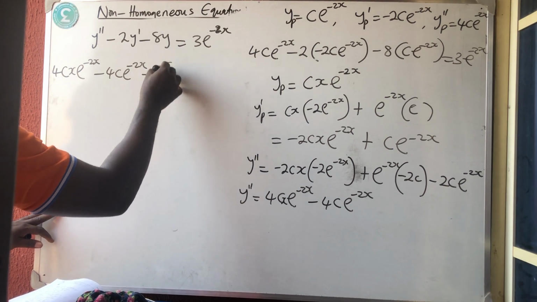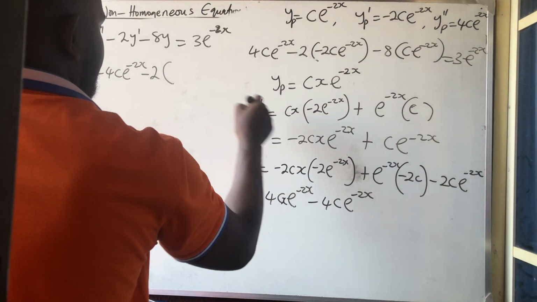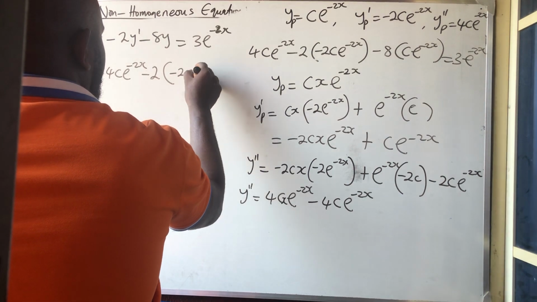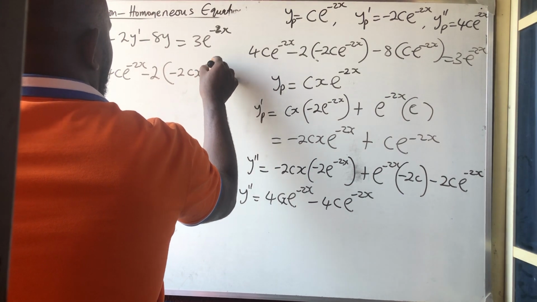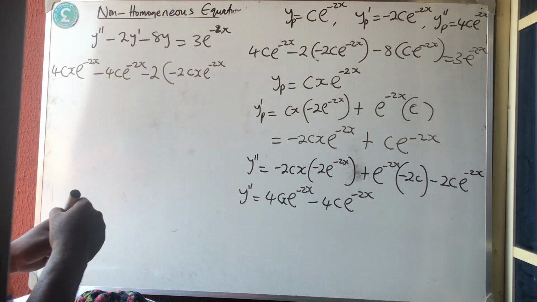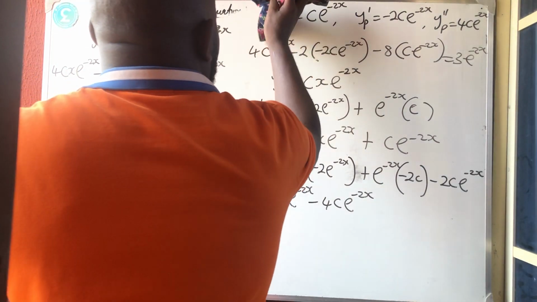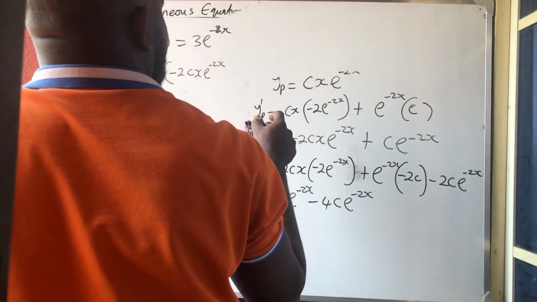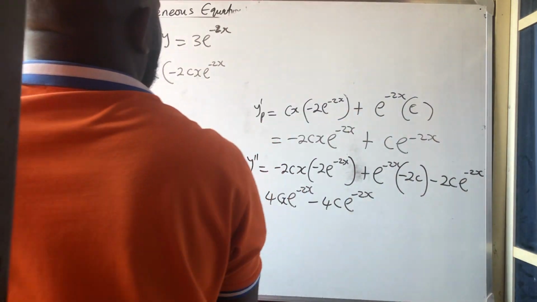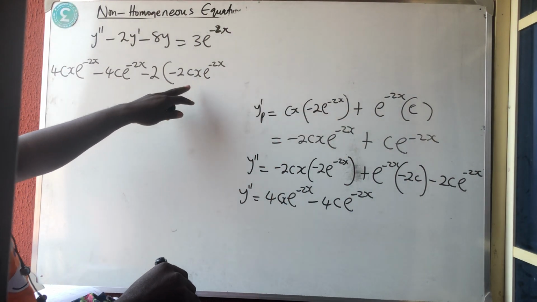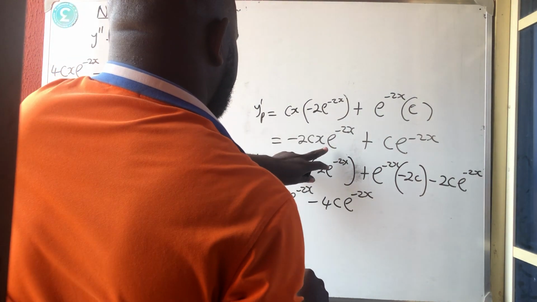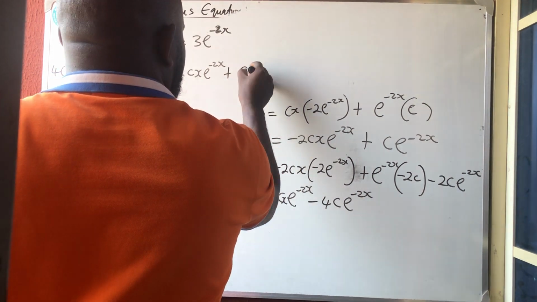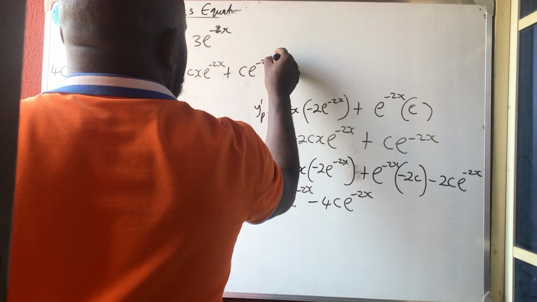Then minus 2 bracket, my y prime is what? Minus 2cx e raised to power minus 2x, okay, I still remember what is my yp. So plus c e raised to power minus 2x.